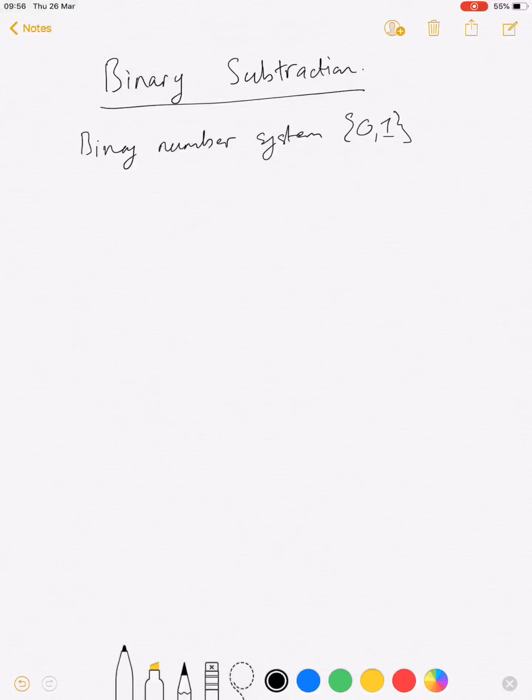We need to be able to subtract any two different binary numbers and yield an appropriate result.